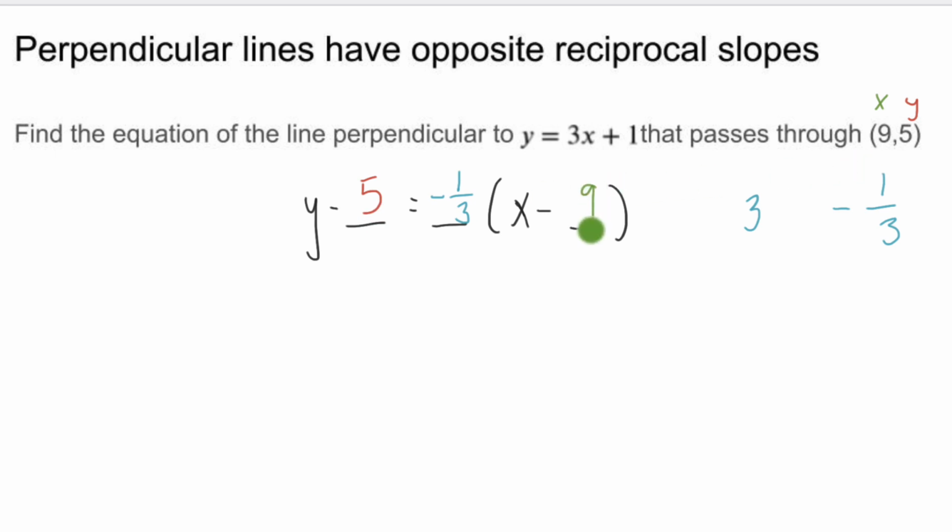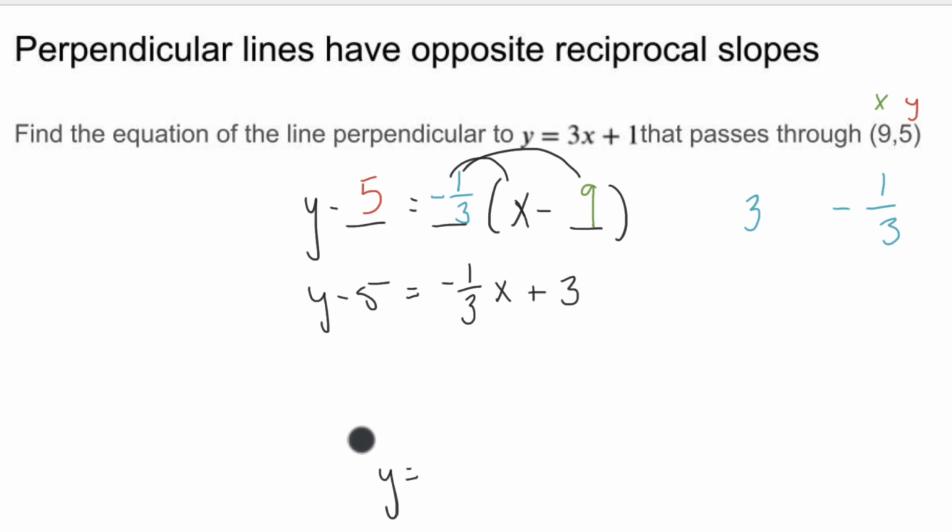And we're done. Unless they want you to write it in slope-intercept. So we're just going to distribute and then simplify. So negative 1/3 times x is just negative 1/3 x. Negative 1/3 times negative 9, a negative times a negative is going to be positive, and 1/3 times 9 is 3.